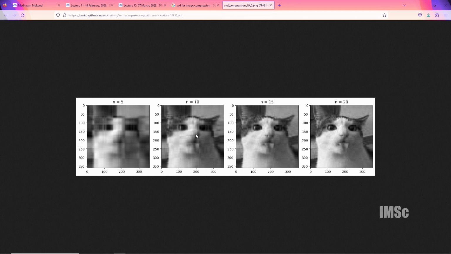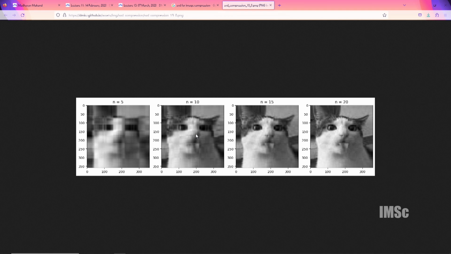This time what we are doing is trying to compress an image. My data is not a collection of photographs, but just one photograph, which I think of as a matrix, because this is a black and white image, it is a simple matrix made up of real numbers. I take this matrix and I take its singular value decomposition.